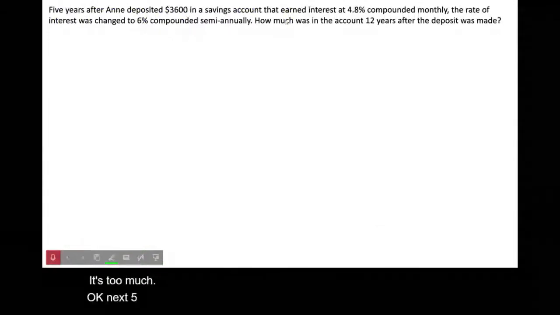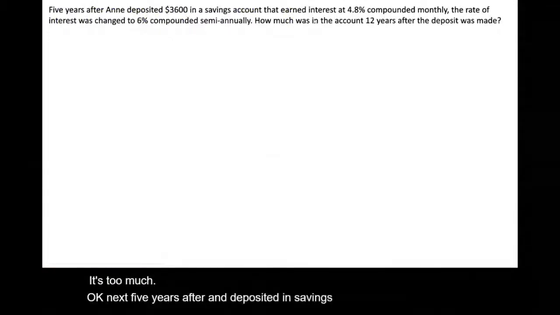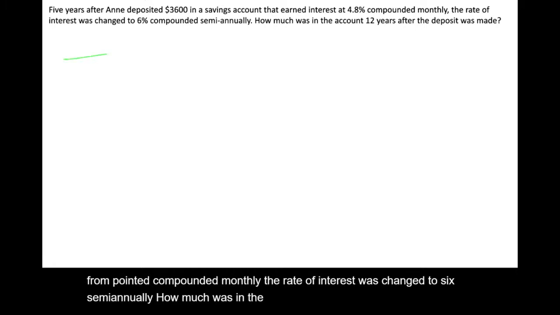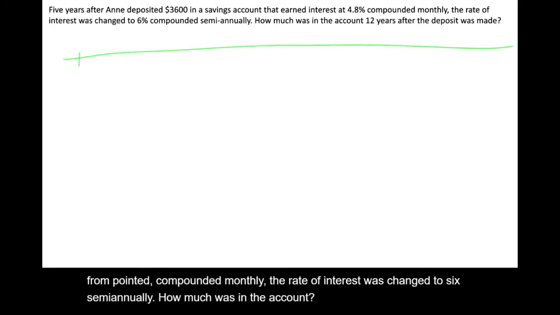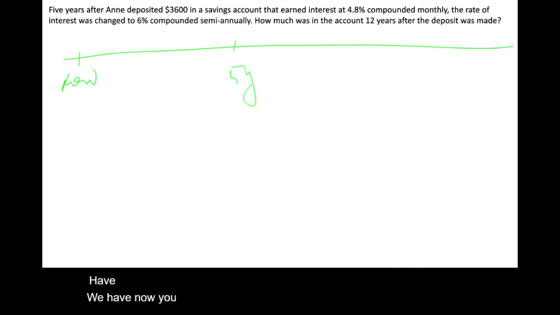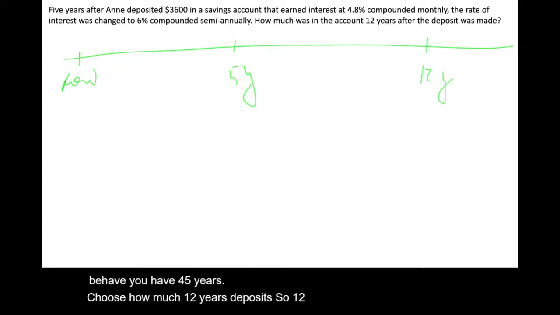Five years after an initial deposit in a savings account that earned interest at 4.8% compounded monthly, the rate of interest was changed to 6% semi-annually. How much was in the account? So what we have now is 1.5 years change. The deposit was 12 years, so 12 years, right?